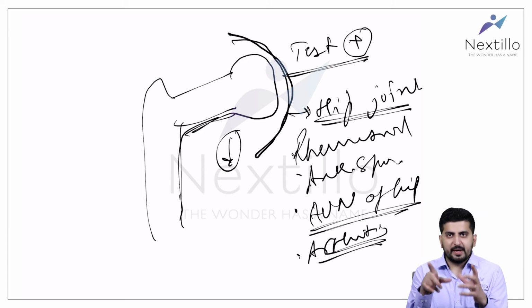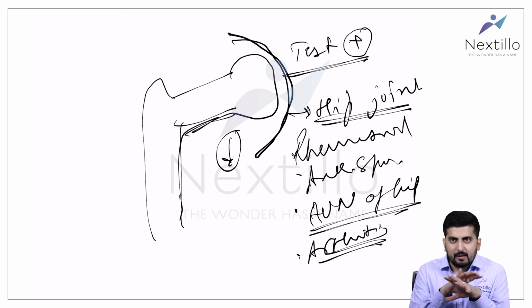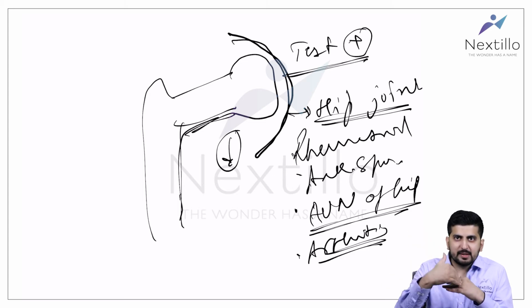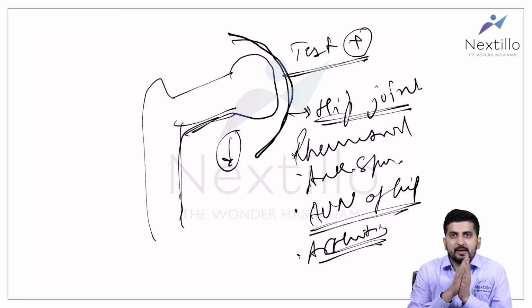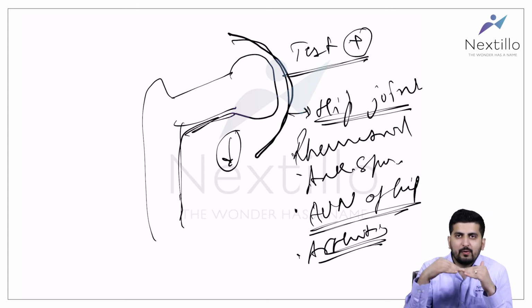So, Trendelenburg test depends upon the integrity of the abductor mechanism, which involves the fulcrum, which is the hip joint, the lever arm, which is the femoral head and neck, and the abductor muscles, which are the force vectors. If all of these are intact, only then the Trendelenburg test will be negative and the pelvis will remain square even when the patient lifts one leg off the floor.